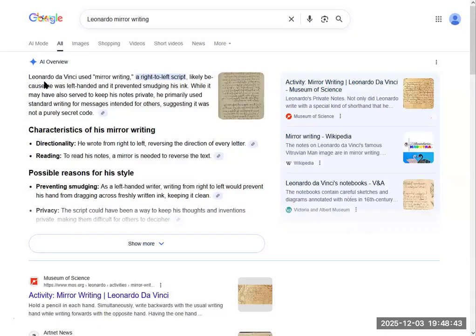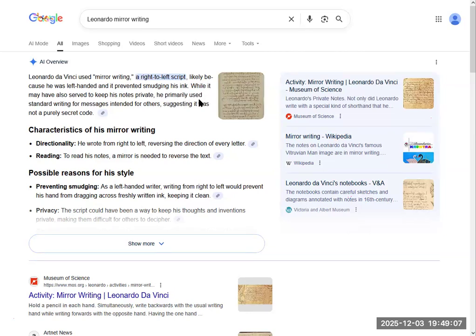Ah, yeah. So Leonardo da Vinci used mirror writing, a right to left script, likely because he was left-handed. I didn't know that. And it prevented smudging his ink. While it may have also served to keep his notes private, most people could quickly work it out with backwards, I'd have thought.